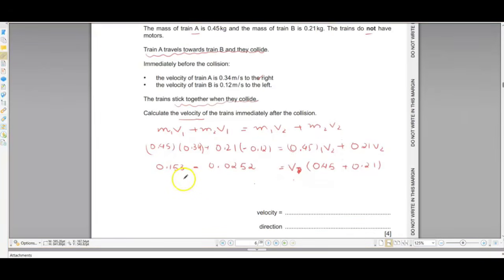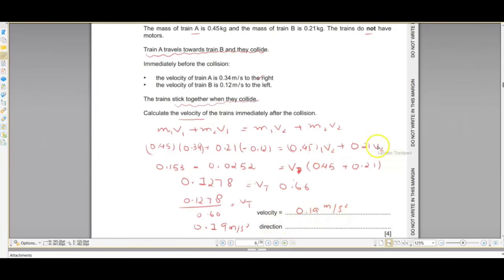So this is going to give us an answer of 0.1278, and this is going to give us 0.66. So 0.1278 divided by 0.66 gives us the V total, that is the final velocity, to be 0.19 meter per second. So we are going to write 0.19 meter per second over here.